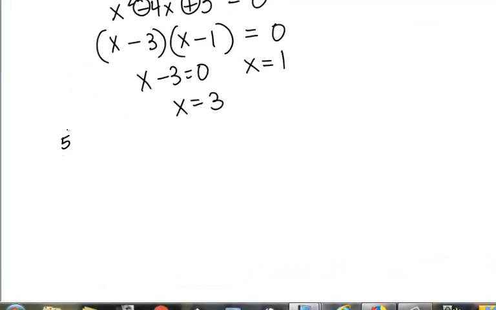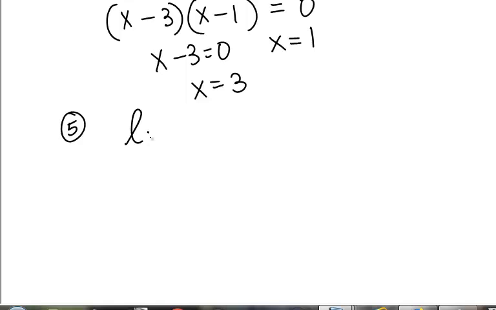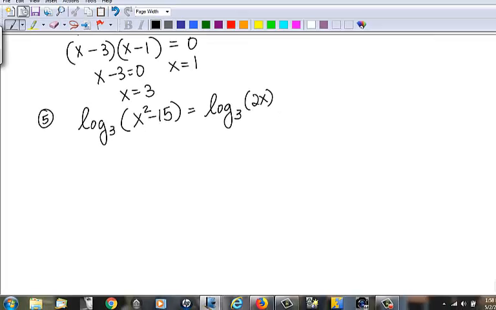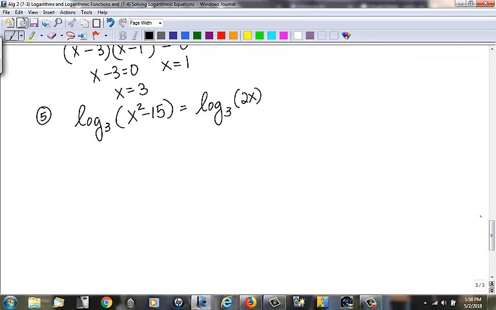Last example. So you get the log of x squared minus 15 base 3 equals the log of 2x base 3. If these bases are the same, and you've got an equal sign in between, then that means this part has to equal this part.